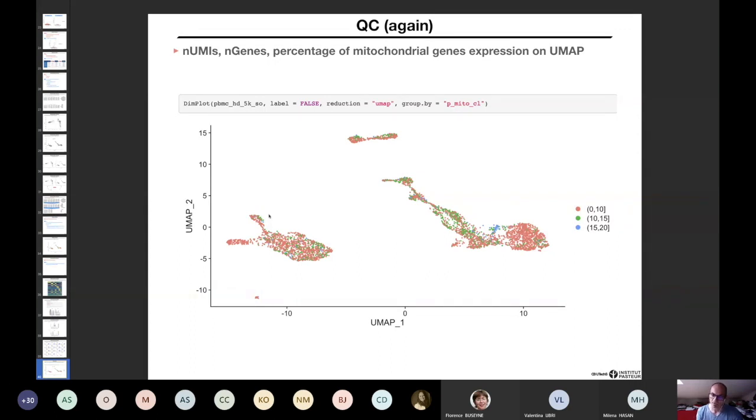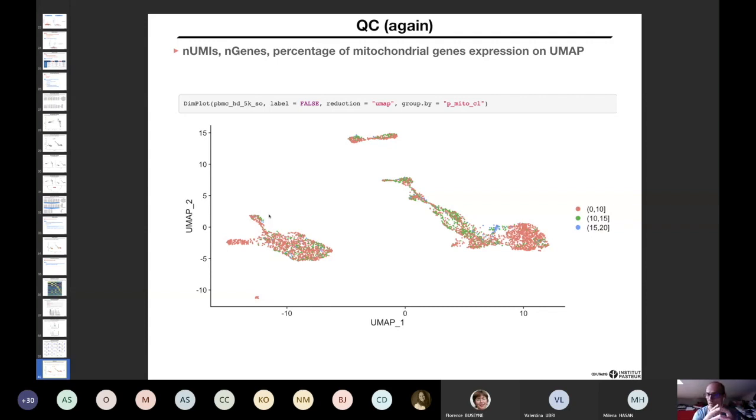For instance, cells with high expression of mitochondrial genes, or a high number of UMI. What you should check here is that the cells are together because they share the same biological state, not because they share the fact that they express a lot of mitochondrial genes.